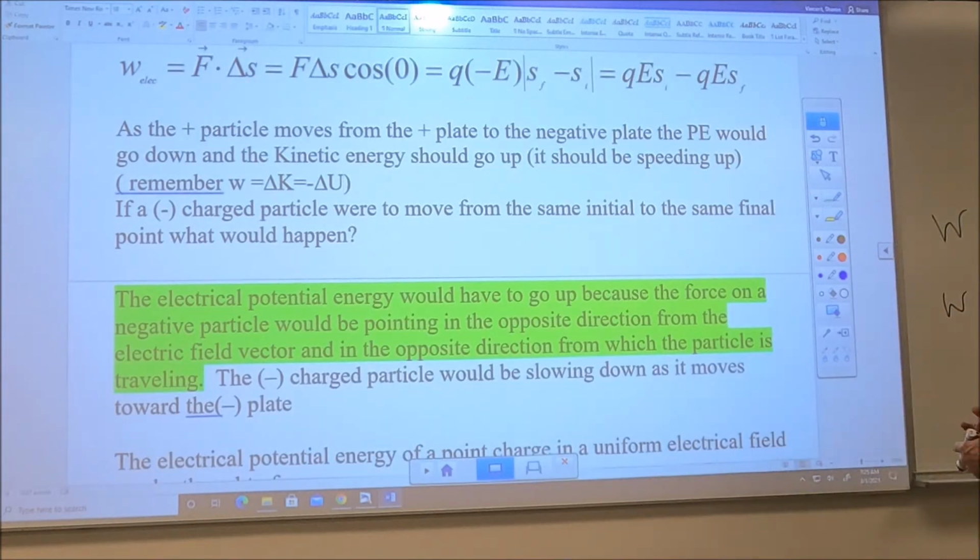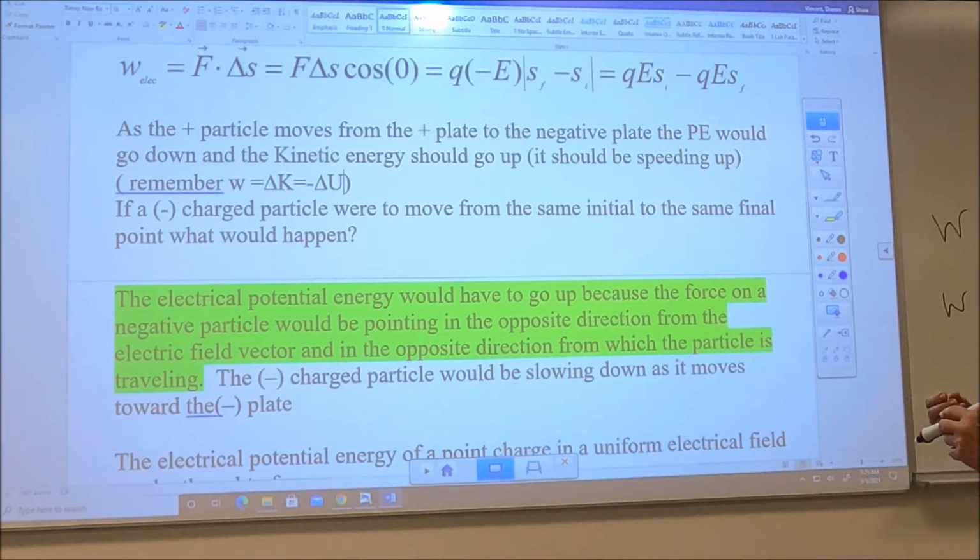Okay? If a negative particle were moving from the same initial position to the same final position, what would happen? Now remember, the force on a negative particle is in the opposite direction as the electric field. And since it's in the negative of the direction of the electric field, the negative electric charged particle would actually be slowing down because it'd be moving toward the negative plate.